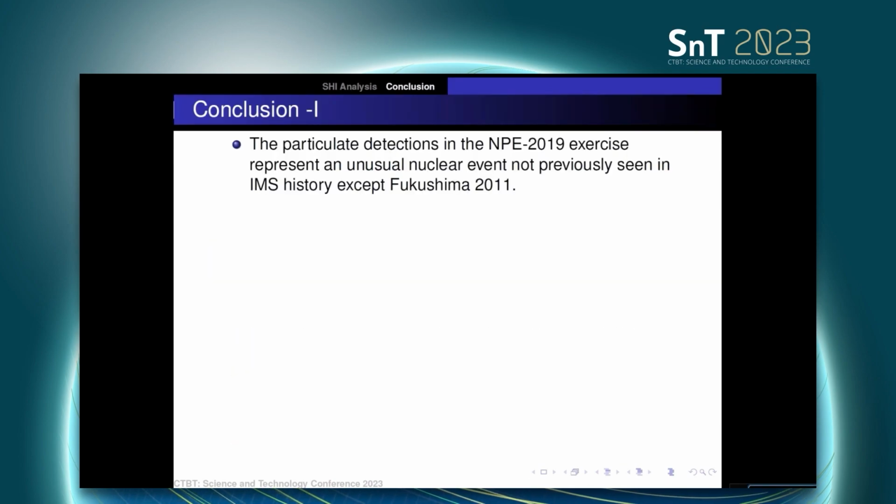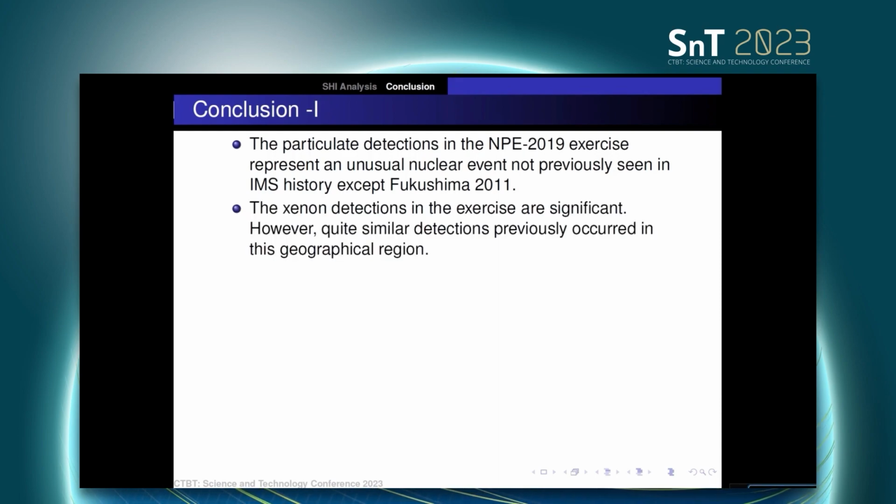So we can conclude that particulate detection in the NBE 2000 exercise represents an actual nuclear event not previously seen in IM history. The xenon detection in that exercise actually frequently looks like background, but we have some isotopic ratios not familiar.